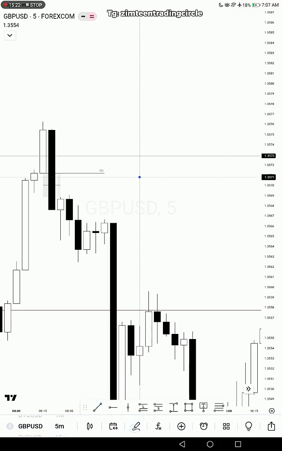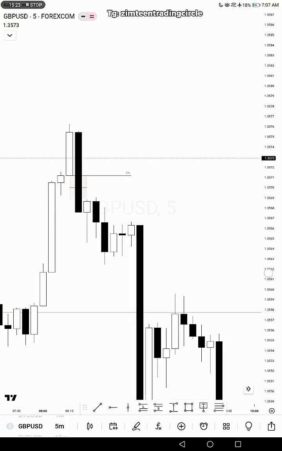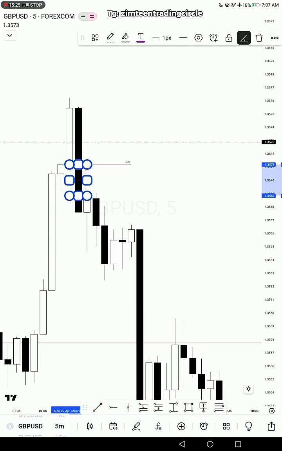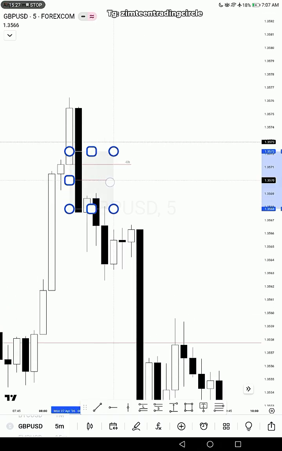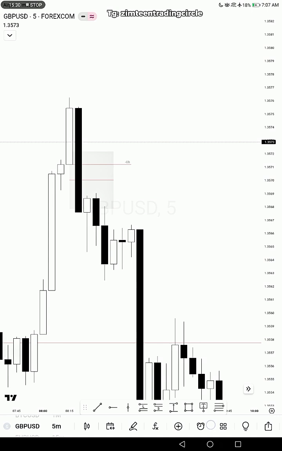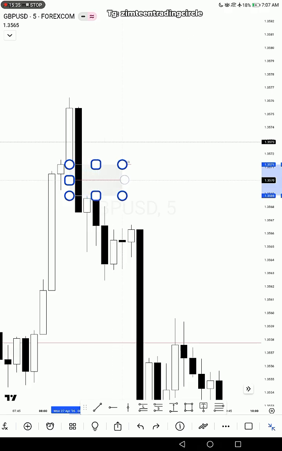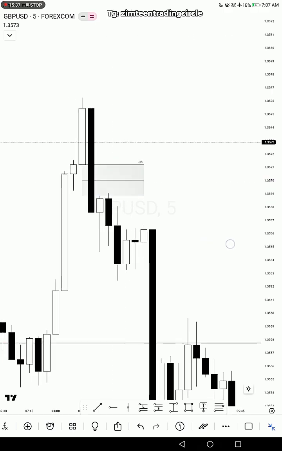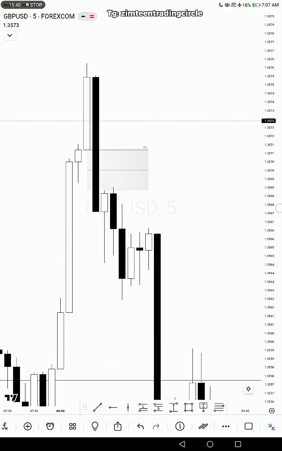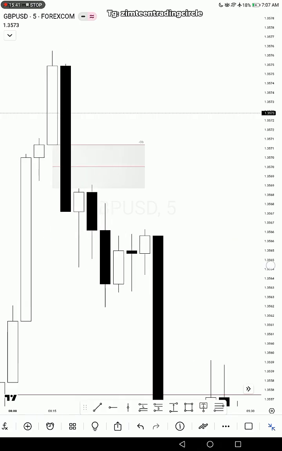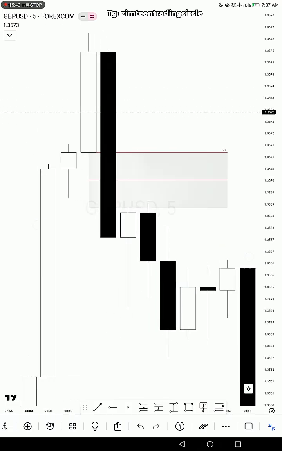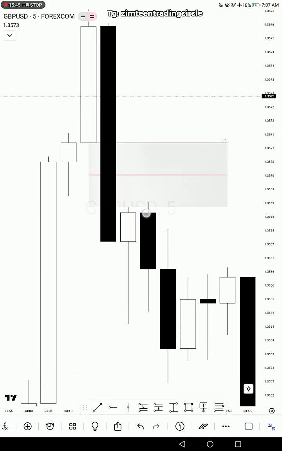So our bearish order block, our fair value gap, and observe here carefully, our fair value gap was retraced a little with this touch right here before the move started dumping lower.